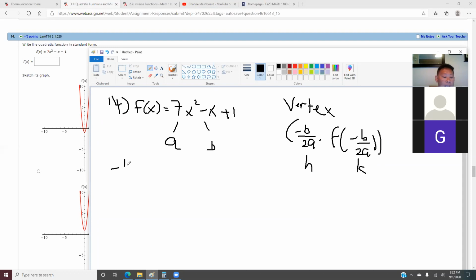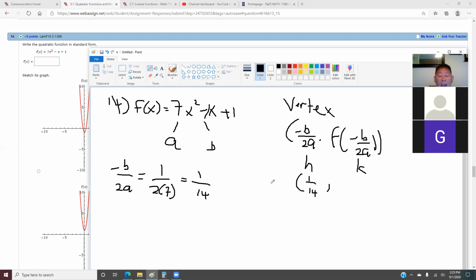So you find what is -b over 2a. -b is -1, so double negative becomes 1. 2 times a is 7. So this is 1 over 14. So I already know that h in this case is 1 over 14.